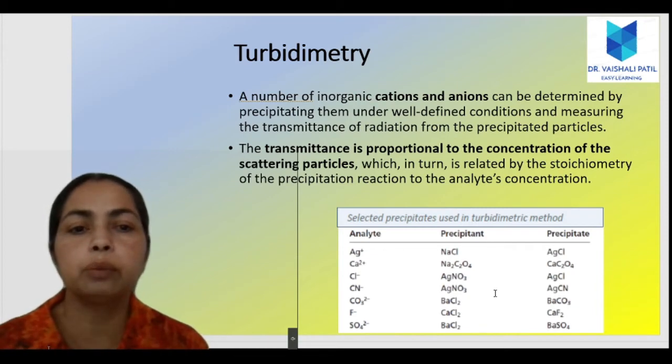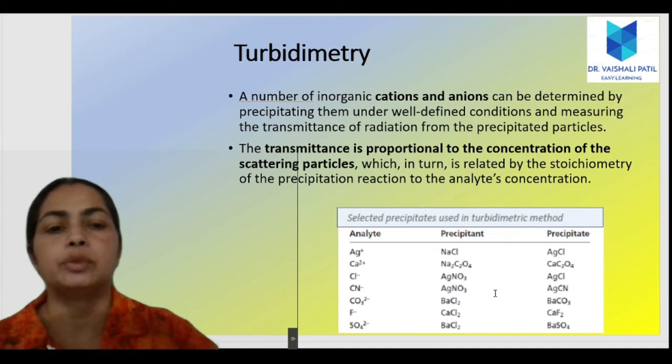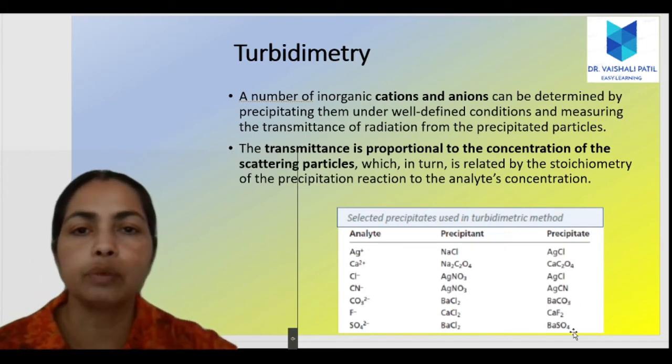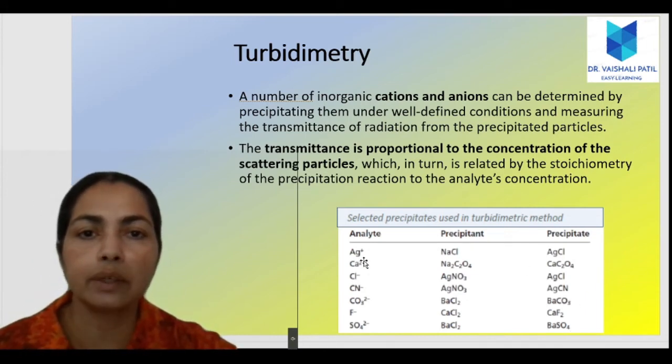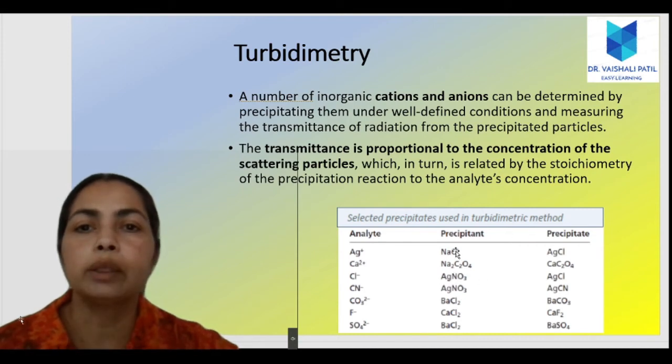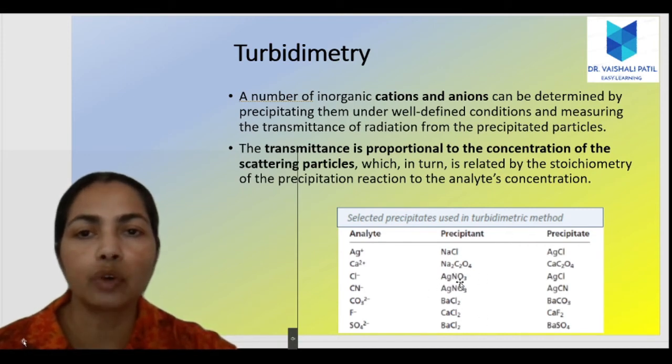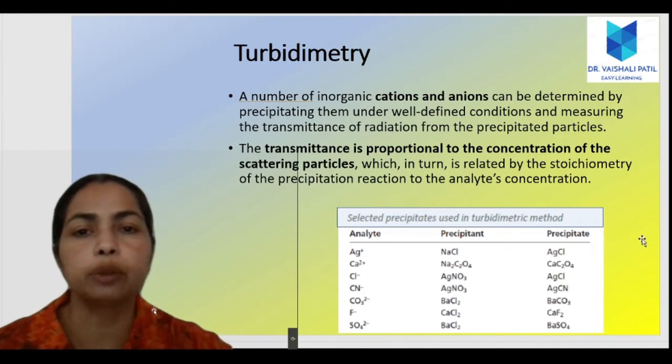That is related by the stoichiometry of the precipitation reaction to the analyte's concentration. So these are some examples of analytes which we can detect with the help of turbidimetry, the precipitant which we will be using for that particular type of analyte, and the kind of precipitate which is going to be produced.